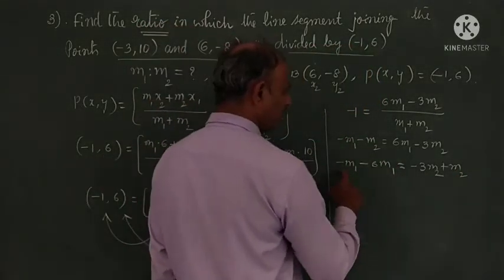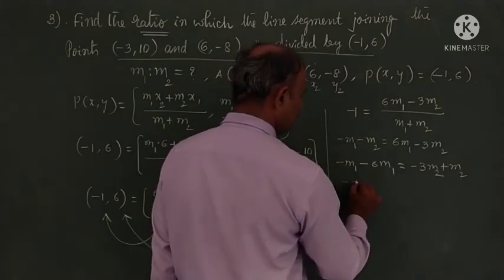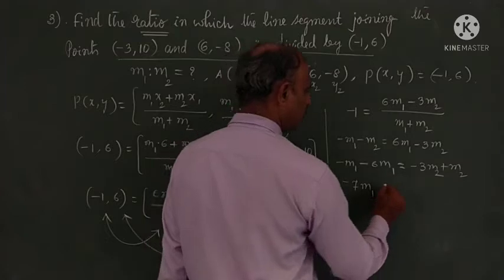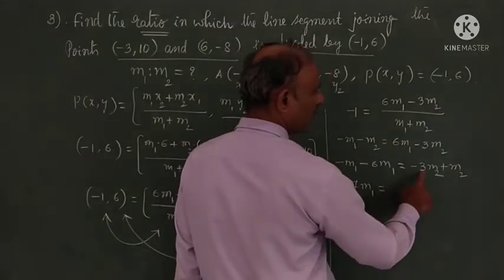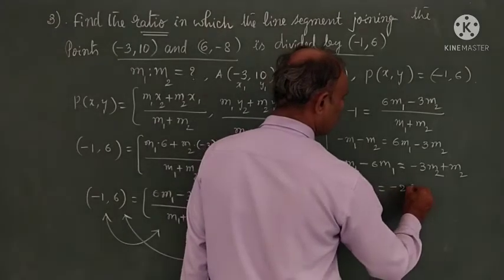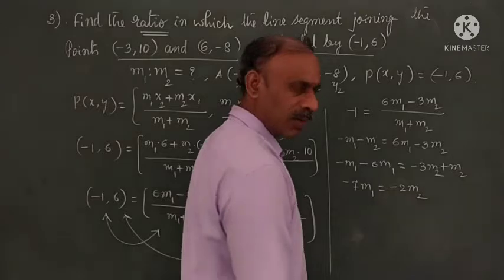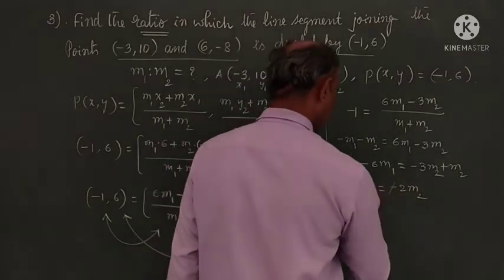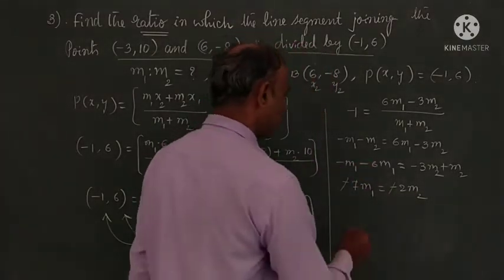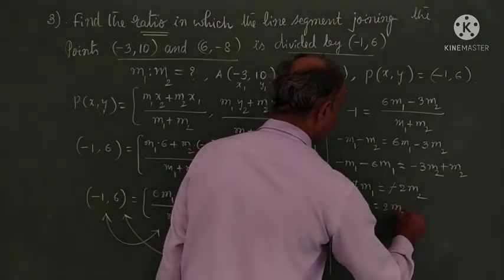Both are negative, therefore we add, giving minus 7m1. That is equal to minus 3m2 plus 1m2. Different signs, so take the difference, minus 2m2. Minus is present on both sides, so they cancel. What remains is 7m1 is equal to 2m2.